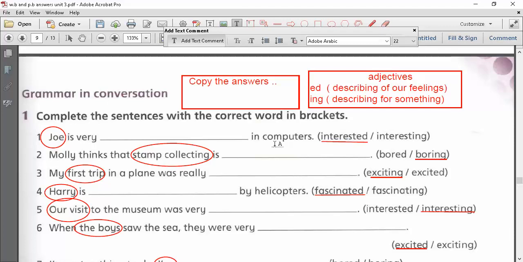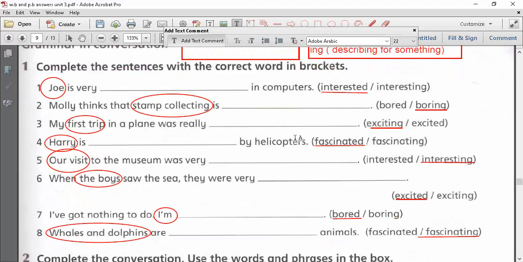Here, Joe is very interested or interesting in computers. Joe is very interested because we describe people. Ed for people, ing for things. Molly thinks that stamp collecting is boring.